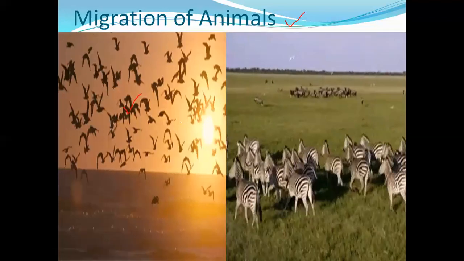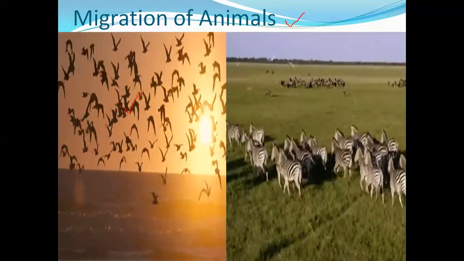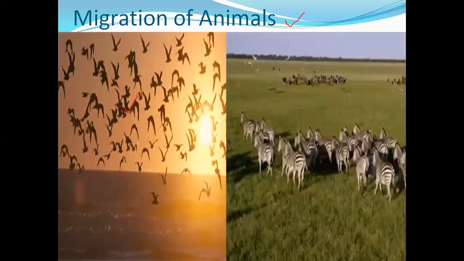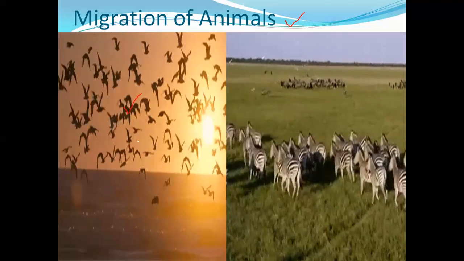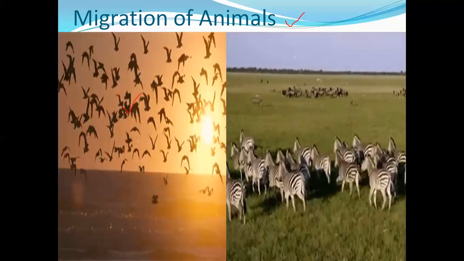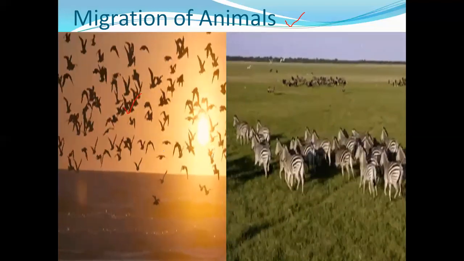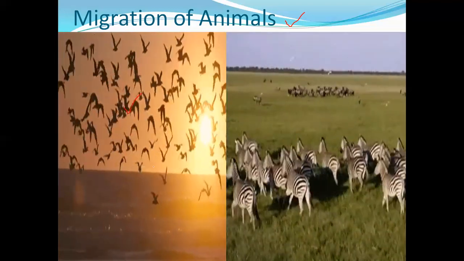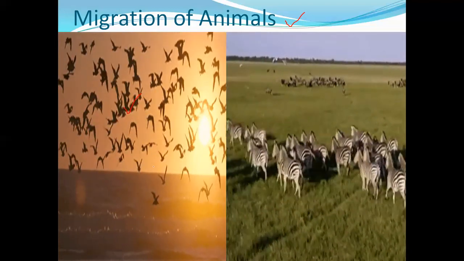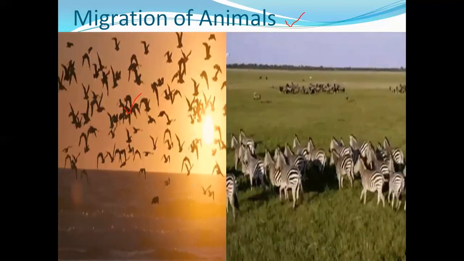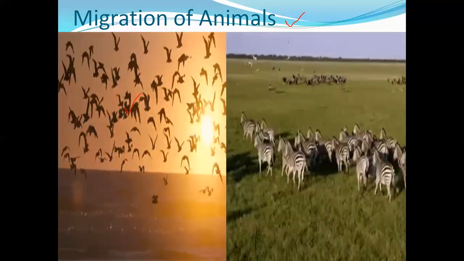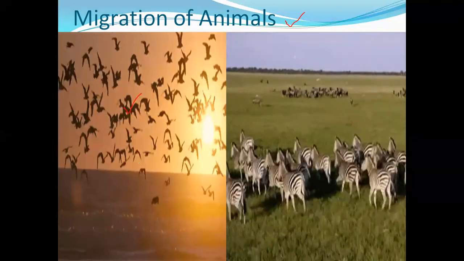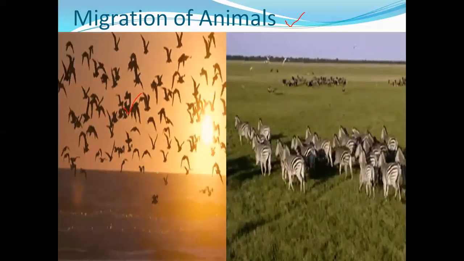Lots of animals and birds move together, and some of the organisms just die during their migration because they have to migrate thousands of miles. Some can die and some can reach the other place. So that is for their survival.